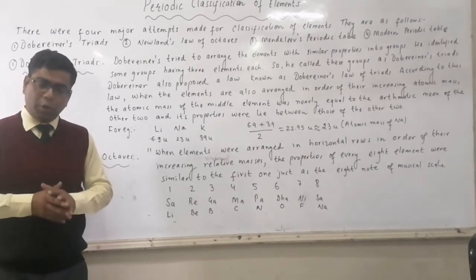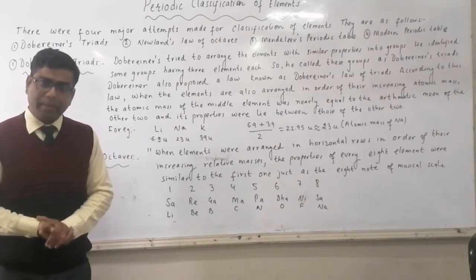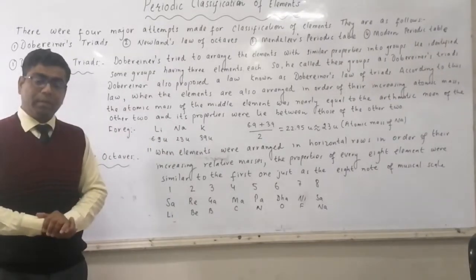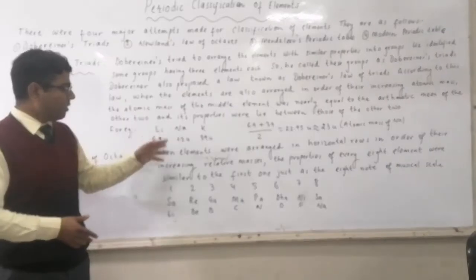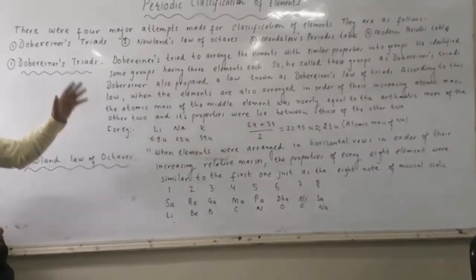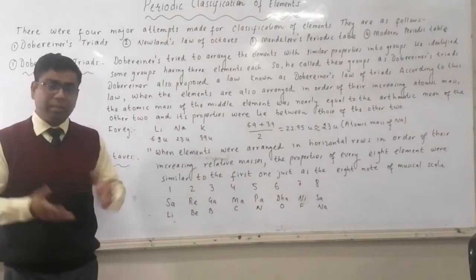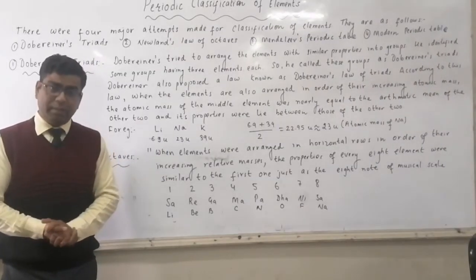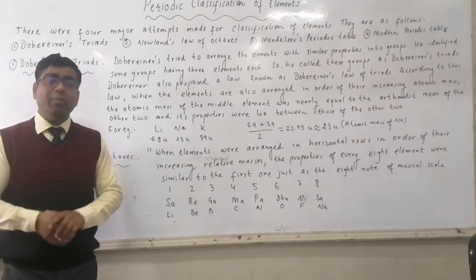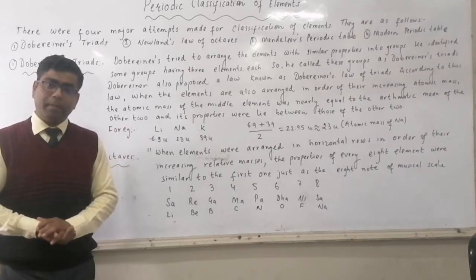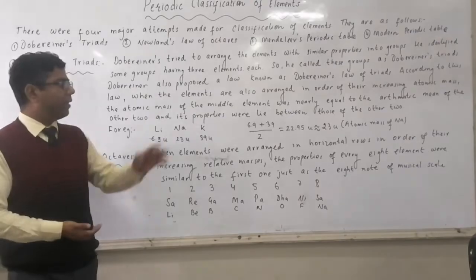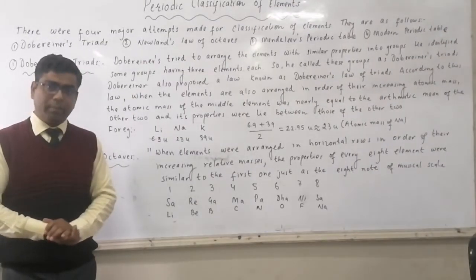So he prepared a group of three elements where the atomic mass of the middle element is the arithmetic mean of the first and third element. That's why this is called Dobereiner's law of triads. But it was not applicable everywhere. It had limitations. There were many groups which were not following this law. That's why it was a failure.